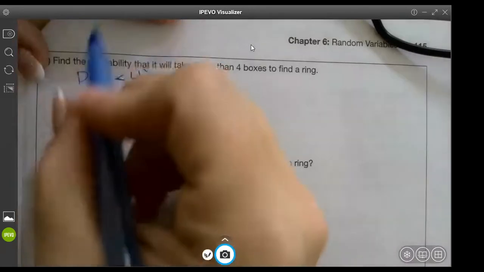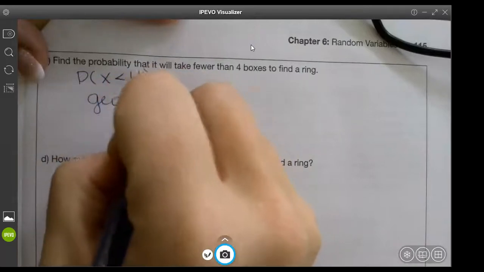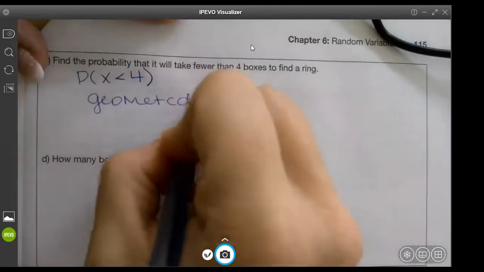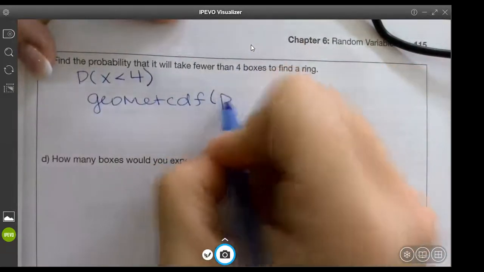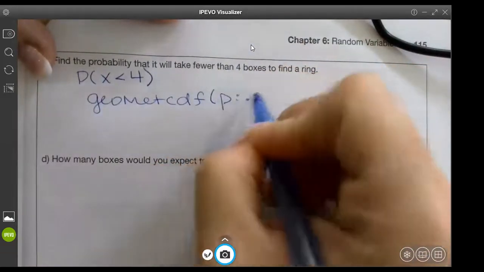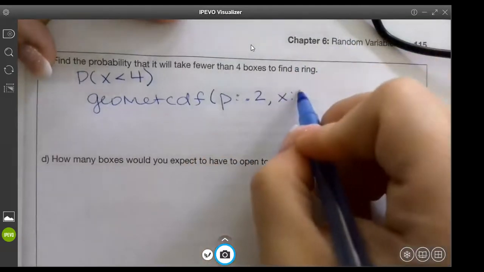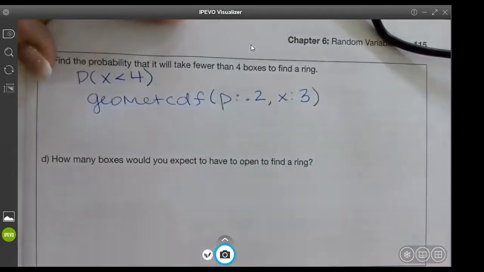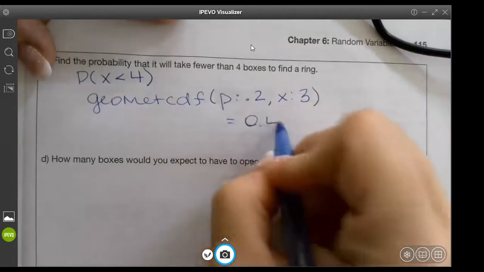Okay. So I would do Geo, which one? CDF, because it's not perfect. And then my probability is still what? 0.2. And my X value is going to be 3. It's not equal to 4, so I'm not using 4. Okay. This will give me 0.488.